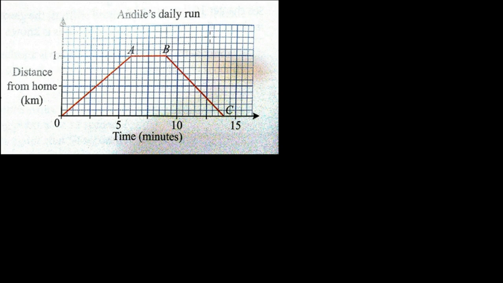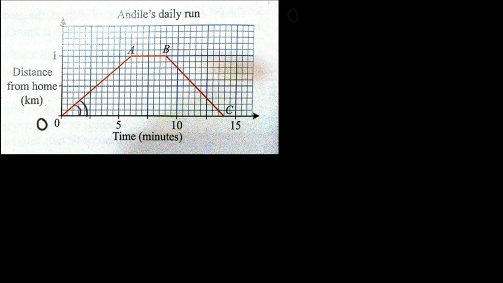If you analyze this graph with the information I already gave you before, let me call the starting point O. So this is point O, point A, point B, point C. From O to A, the line is a straight line, and it makes an angle with the x-axis.